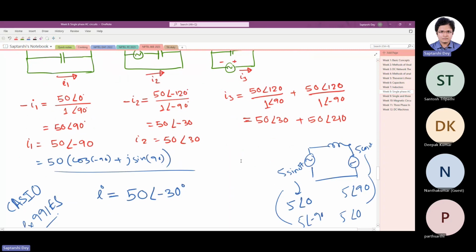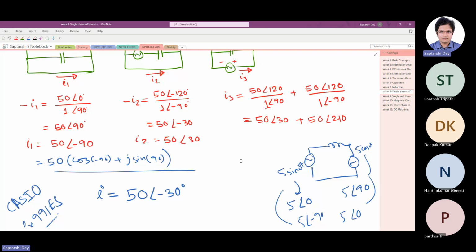Let me do it once again. 50 angle minus 90 plus 2 times 50 angle 30 plus 50 angle 210. Yeah, I'm getting 50 angle minus 30. So this is the answer.